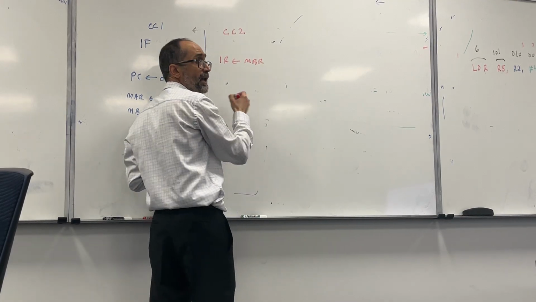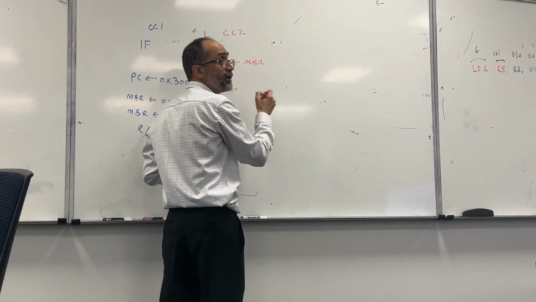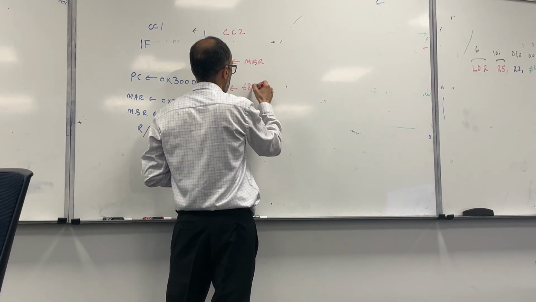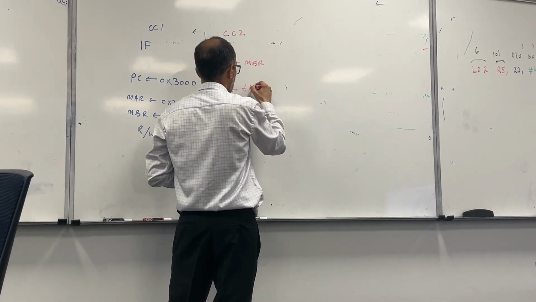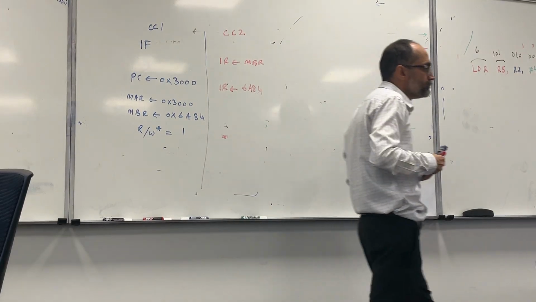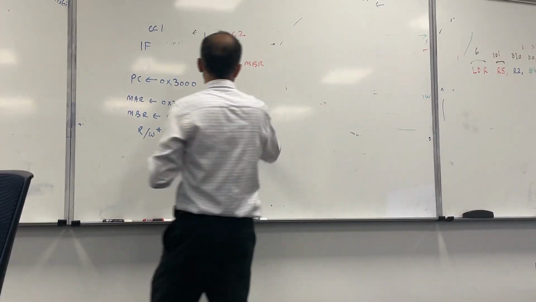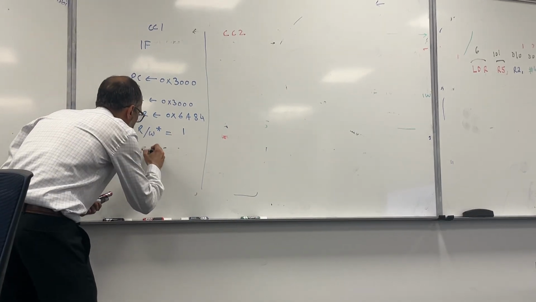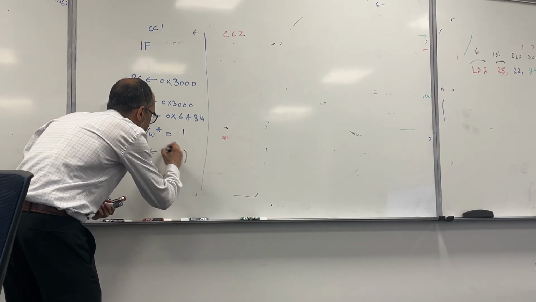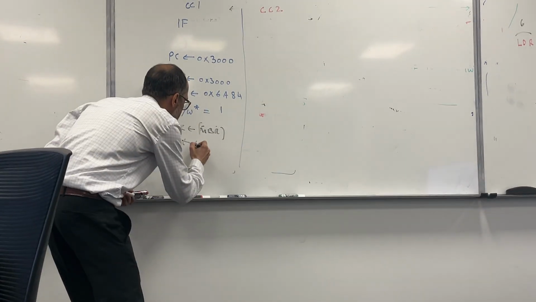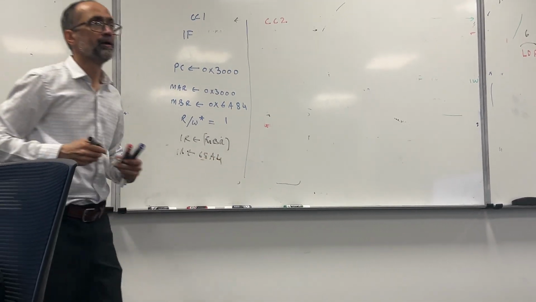And what will be the content of IR? 6A88. Now we will decode this instruction. Because you can see IR is in the first stage, the content of IR will be 6A88. Clear or not clear?